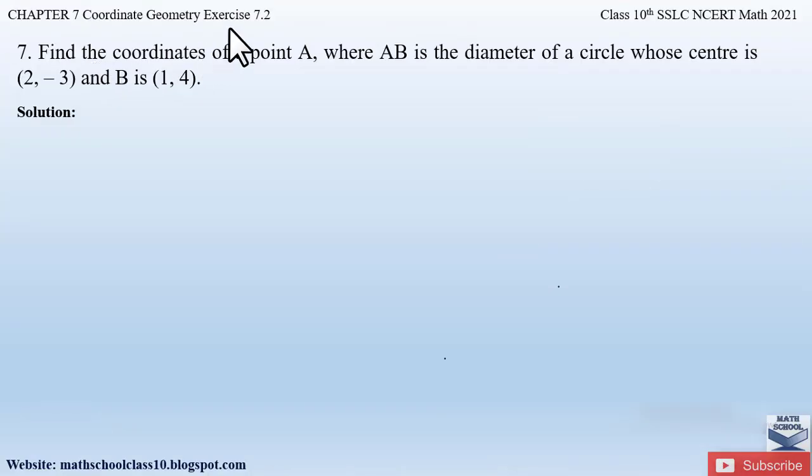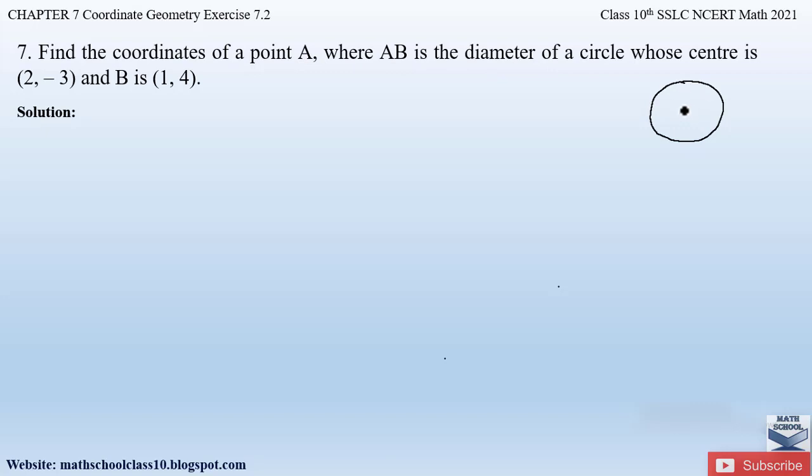Question number 7 from exercise 7.2, chapter 7, coordinate geometry says: find the coordinates of point A where AB is the diameter of a circle whose center is (2, -3) and point B is given by coordinates (1, 4). So let us first draw a circle here. We have to find out the coordinates of point A where AB is the diameter.